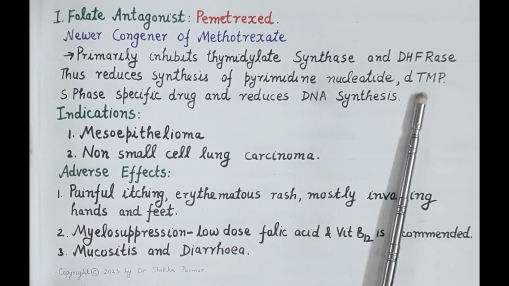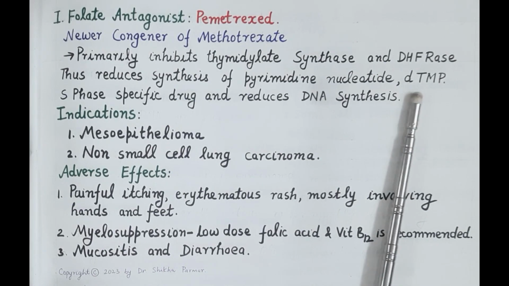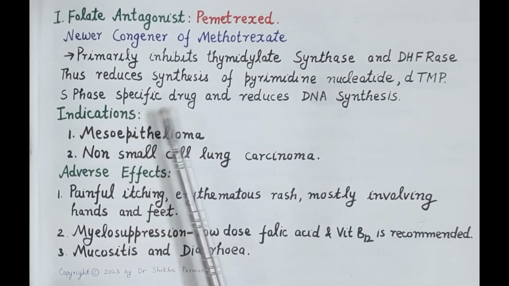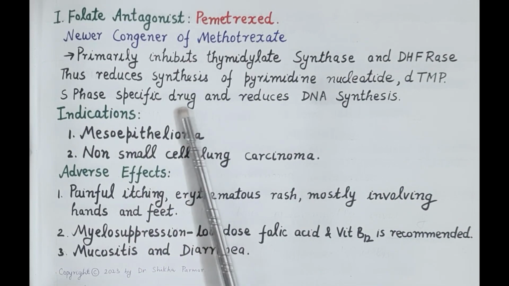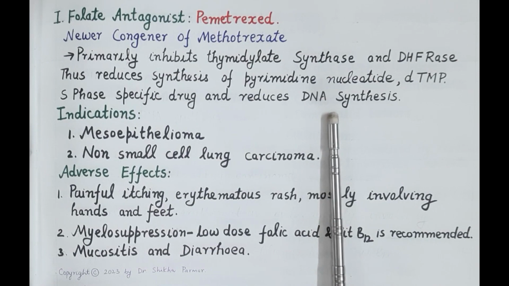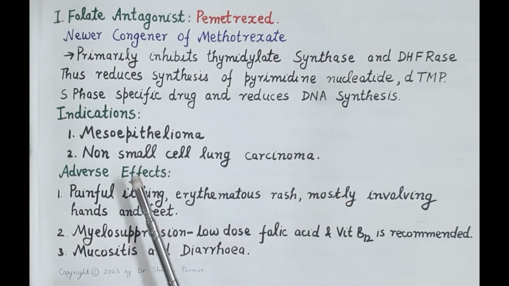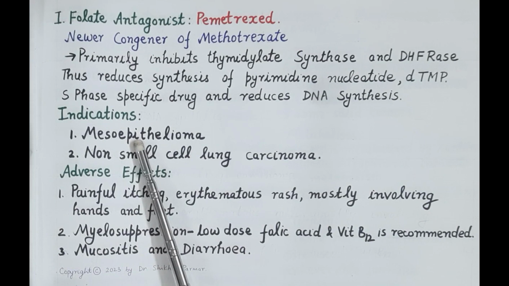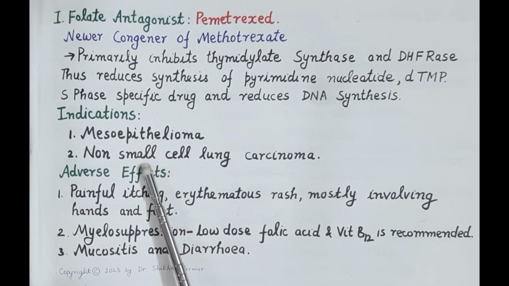Now, in comparison to methotrexate, it causes reduced deficiency of tetrahydrofolate. It is an S-phase specific drug, and it reduces DNA synthesis, thereby reducing the DNA replication and prevents the excessive multiplication of cancerous cells. It is indicated in the treatment of mesothelioma and non-small cell lung cancer.